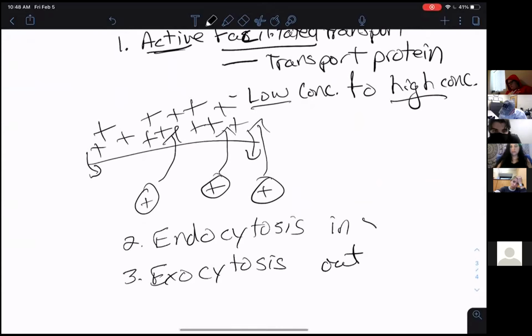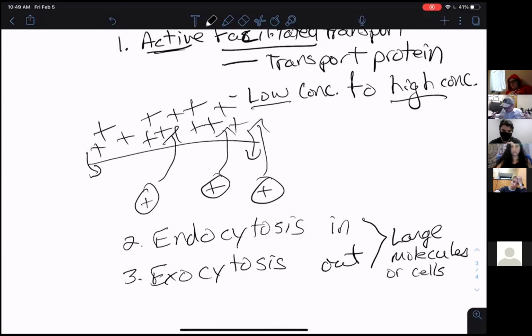These are large molecules, even whole cells. If you're going to bring in a whole cell, eat a whole cell, or expel something large out of a cell, this is called endo and exocytosis. So I'm going to show you a brief video.